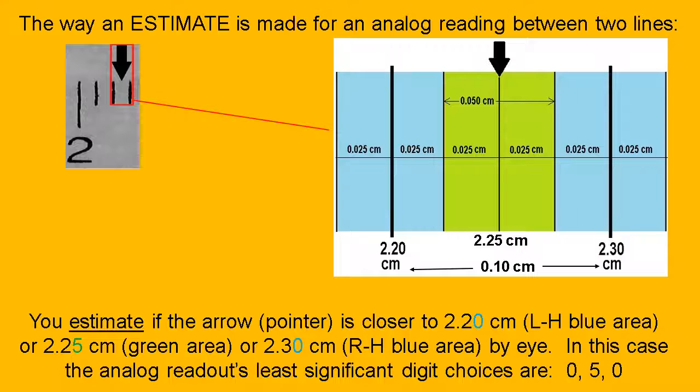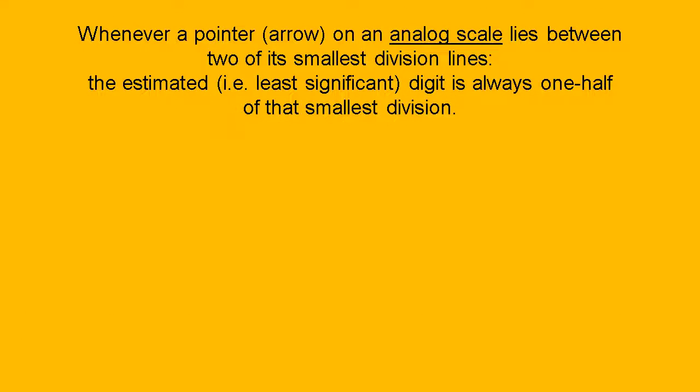And you can see that the pointer is almost dead center, so it would lie in the green zone. Whenever a pointer or arrow on an analog scale lies between two of its smallest division lines, the estimated least significant digit is always 1/2 of that smallest division.